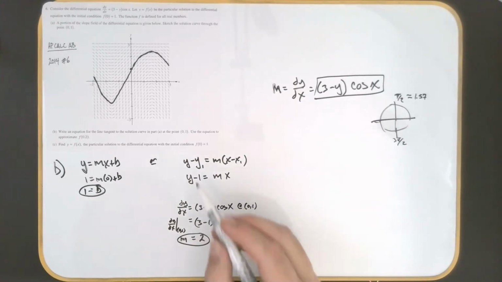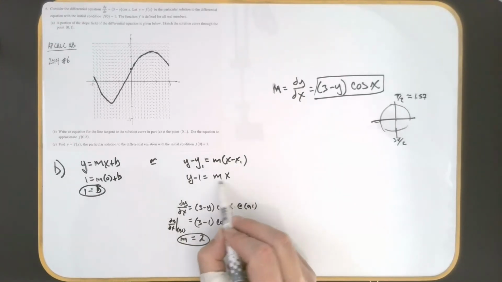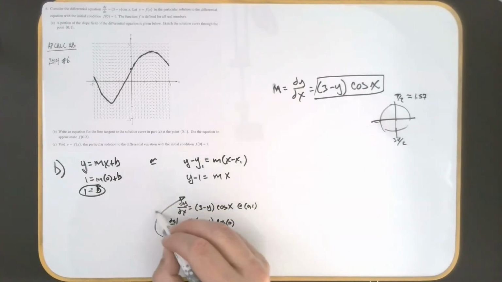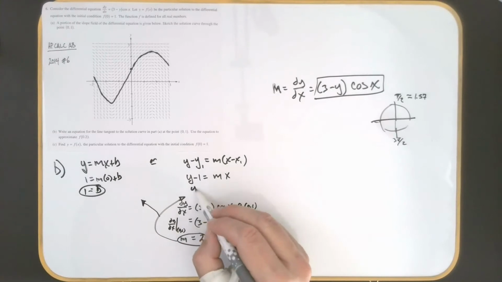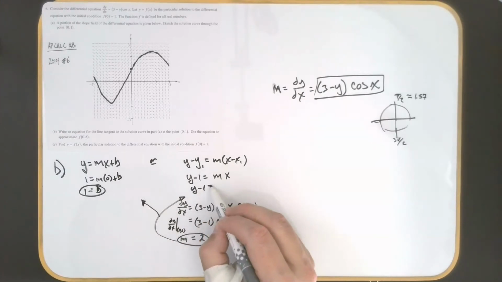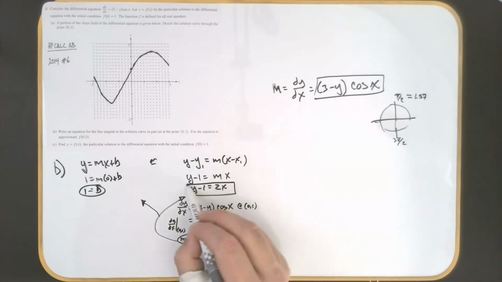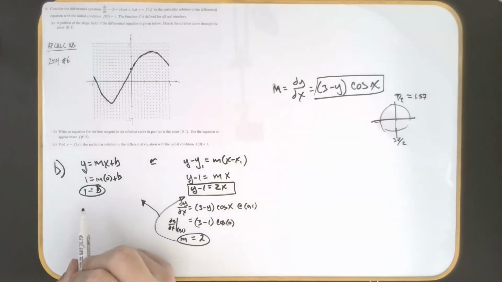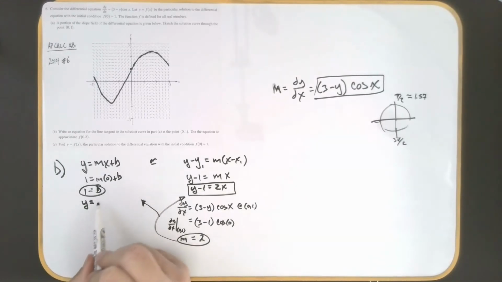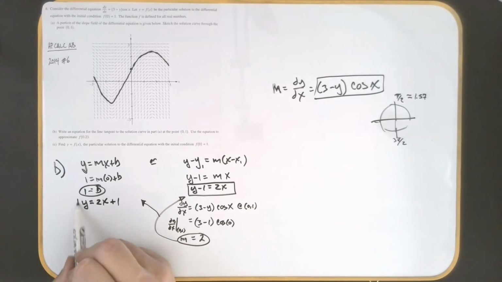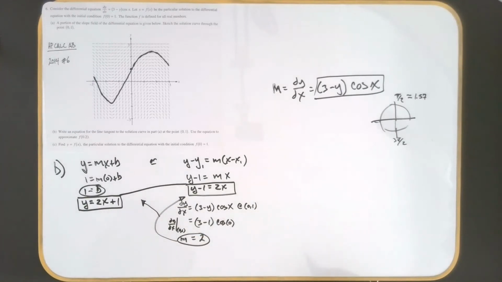Now we can sub it back in. In point slope format, you could have y minus 1 is equal to 2x. You'd probably move that 1 over, and then in slope-intercept form, we are back to y is equal to 2x plus 1. And you can see these are the same.